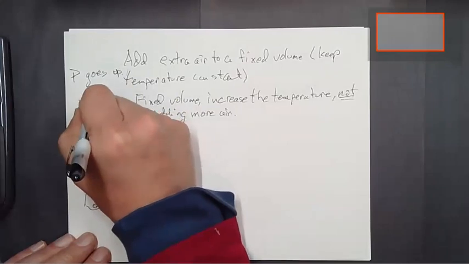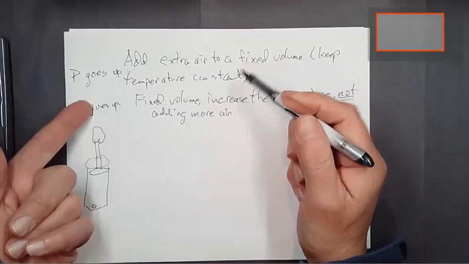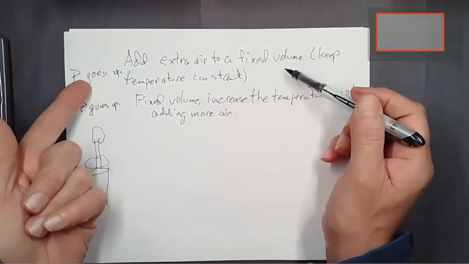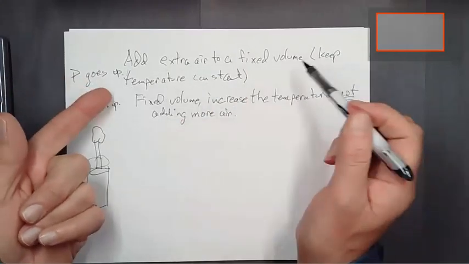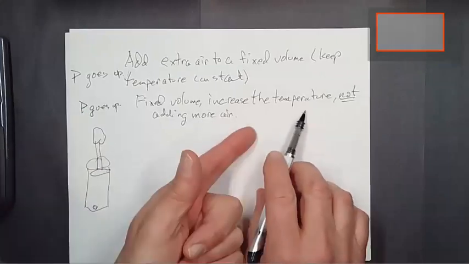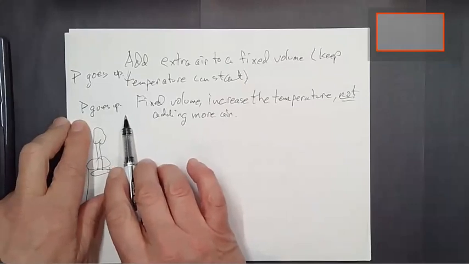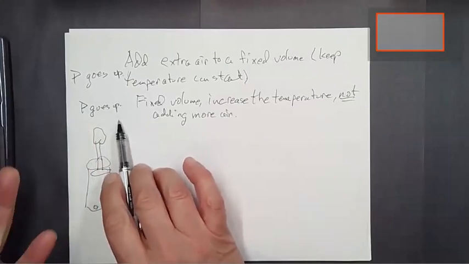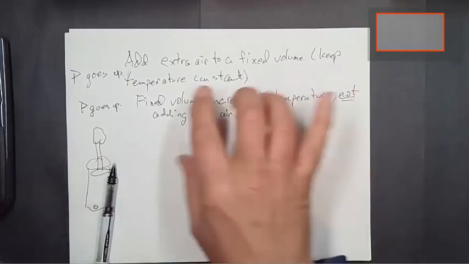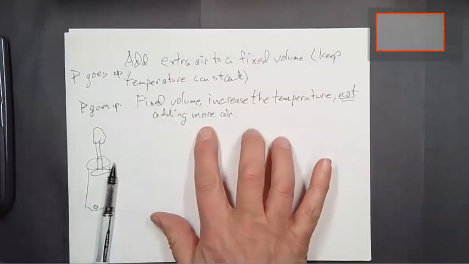So pressure goes up. And so we've already got a couple of things here. We've increased the number of particles and we see the pressure goes up if we have a fixed volume. When we've got a fixed volume and we increase the temperature without adding more air, we see the pressure go up in that case. Well, both of these things tell us that the pressure must depend on the number of particles that you have, and it must also depend on the temperature.